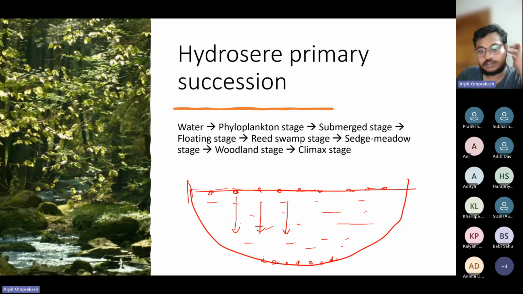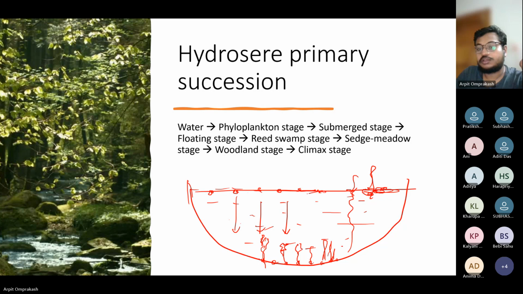So this gives rise to, let's say, submerged plants that are present inside the water. Then you might have plants that are reaching up and eventually plants that are floating on the water, with leaves and roots that are floating.